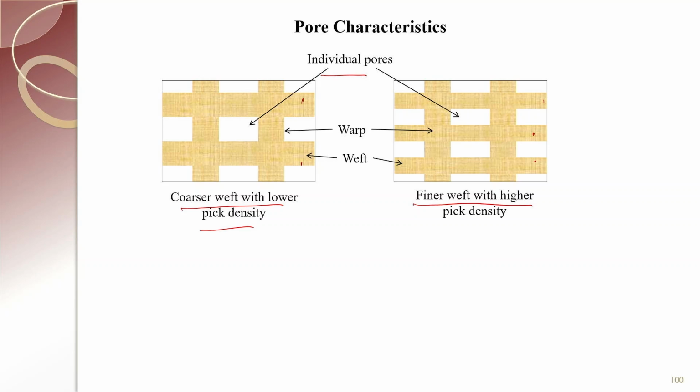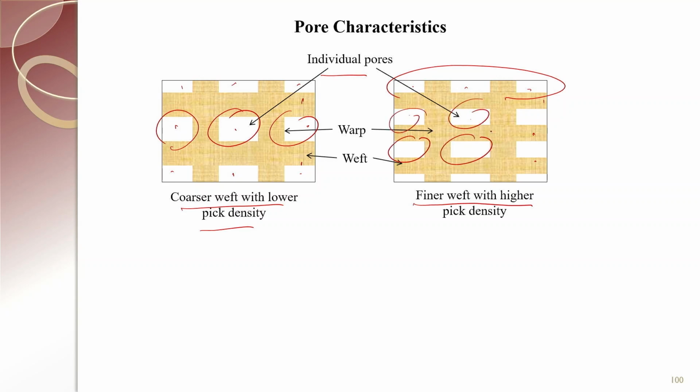In this picture you can see effectively we have 1, 2, 3, 4, 5, 6, 7, 8, 9 pores, and those 9 pores are actually subdivided into 12 pores. These are the partial pores. If you see the complete pores, only 3 pores have been divided into 6 smaller individual pores.